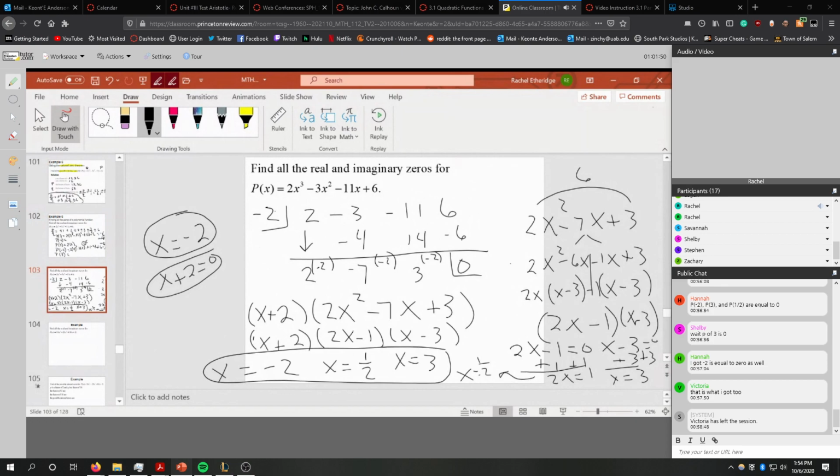And I know that I'm finished because I don't have any other part of a polynomial to go through. So I don't have to do anything else besides just get those. There's no polynomial left. It was a third degree polynomial, so the maximum number of zeros I could get would be 3.